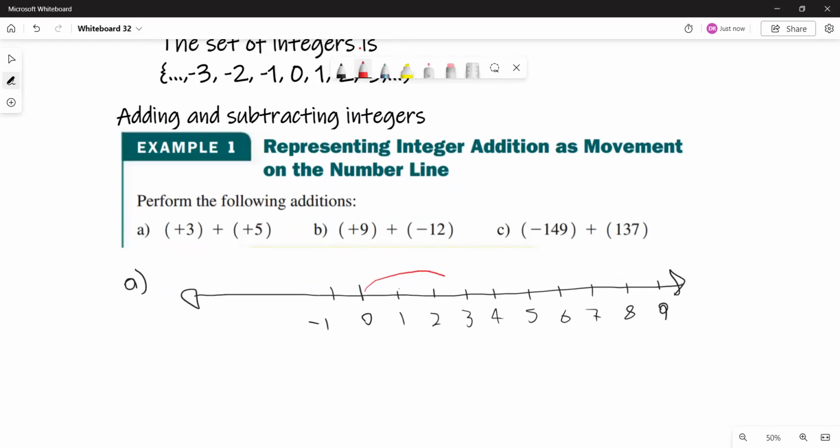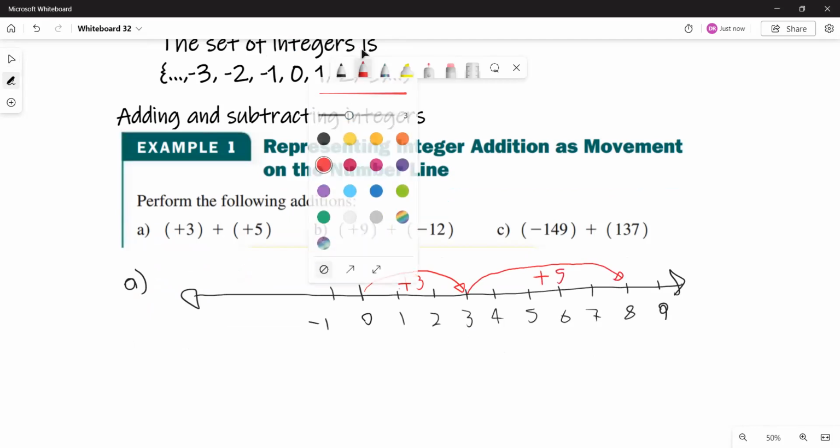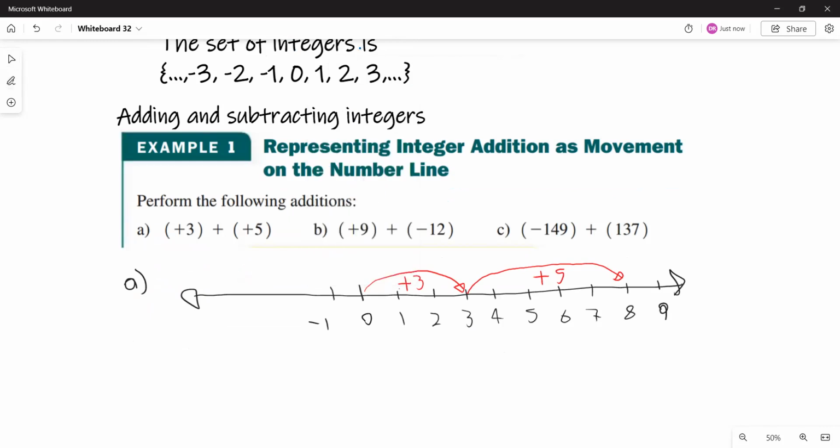We move 3 spots to the right. And then plus +5, starting at +3, we're going to move 5 spots to the right. Our starting position was 0, and our ending position was 8. So +3 plus +5 is going to be +8.